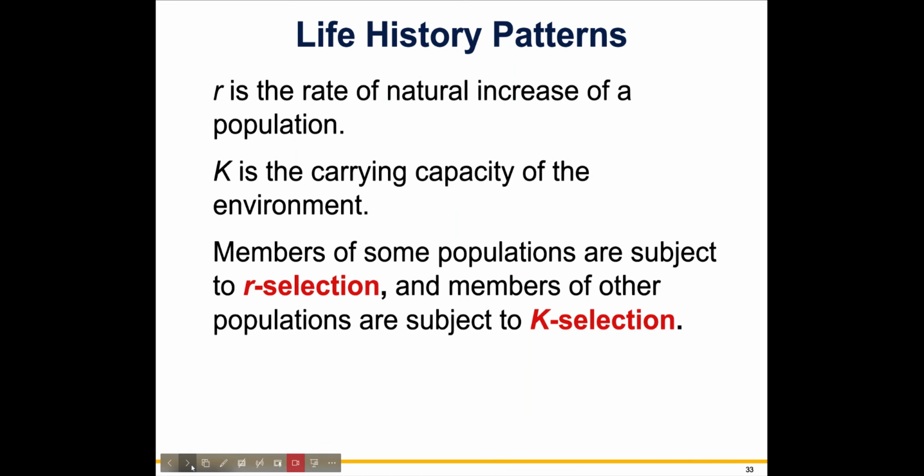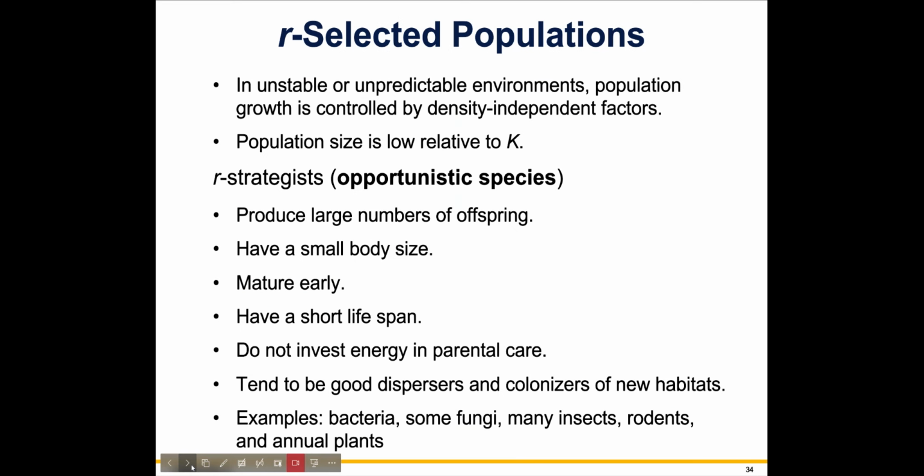And so then we have again, r is that rate of natural increase, K is our carrying capacity. And some populations are more subject to one of these things than the other. And so we can see some similar characteristics. So if you are an r-selected species, you tend to be in an unpredictable, unstable sort of environment.